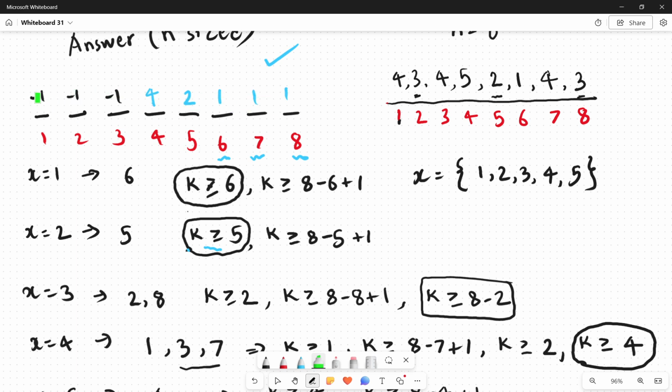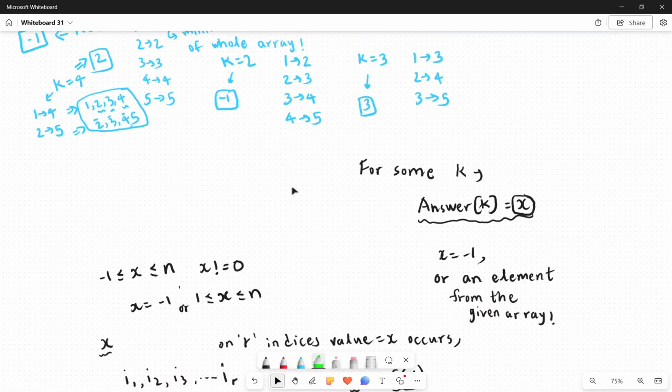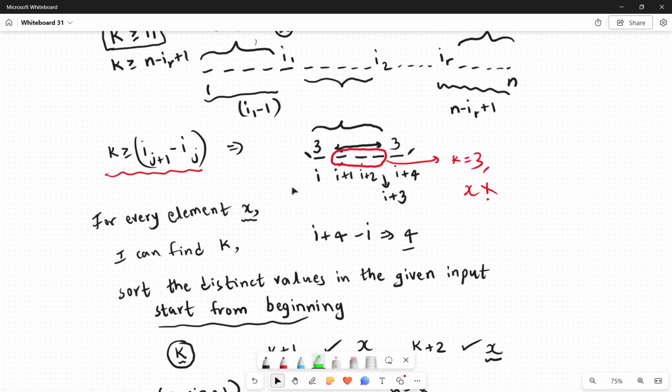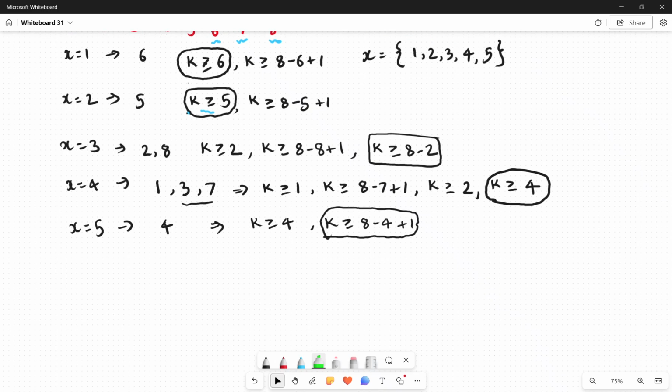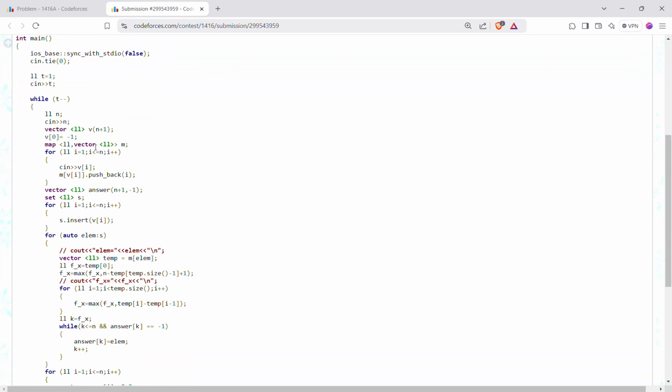So basically that's the thing. And this is basically the logic, and it is pretty easy to implement. So let us directly head towards the code. Basically this is storing the indices related to that value, and this is for sorting the elements.